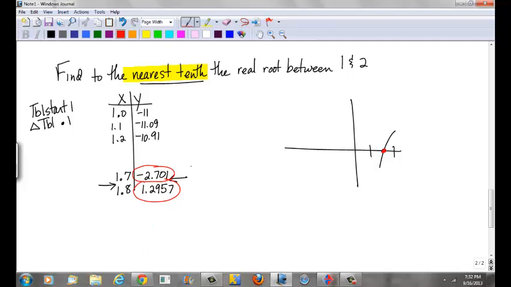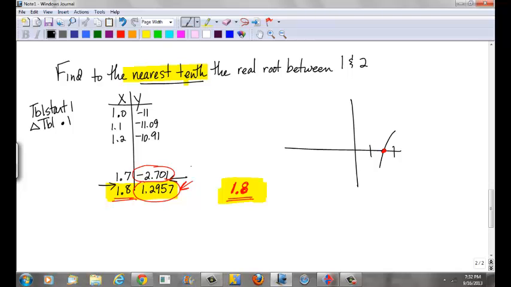The one that's closer to 0 is this one. So our answer is 1.8.